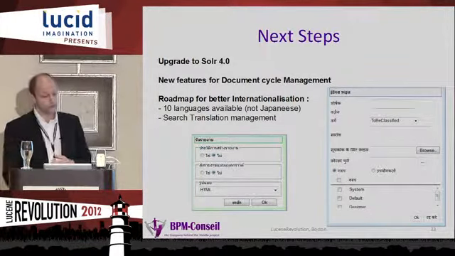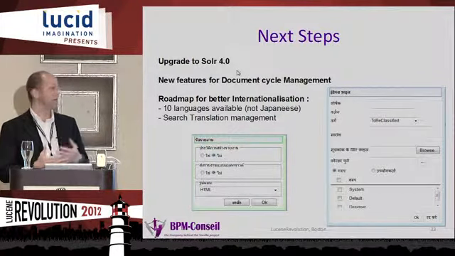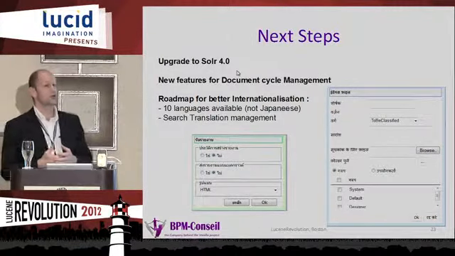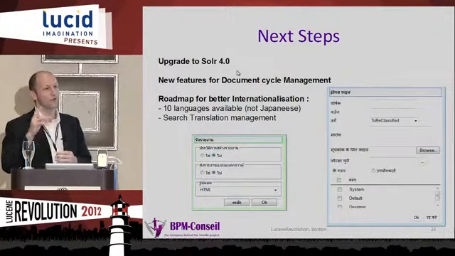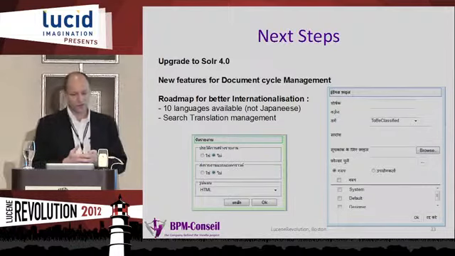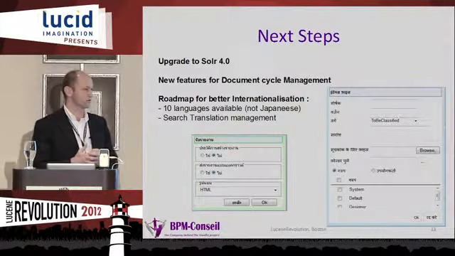And also we want to work on a roadmap for better internationalization. Vanilla is now available in 10 languages, not Japanese. There are many Japanese people here. It's like a call, huh? It's three hours of work.